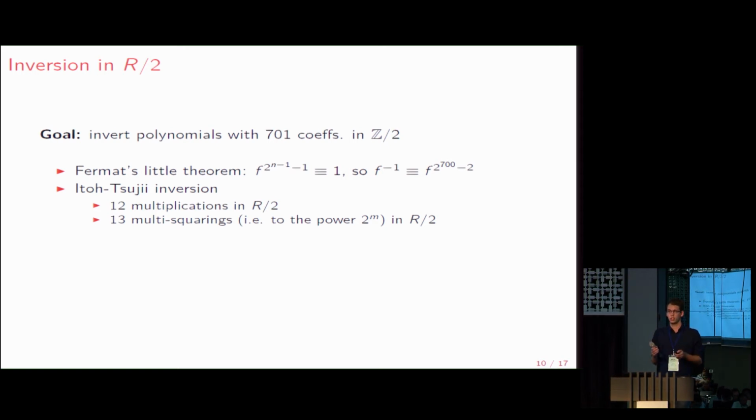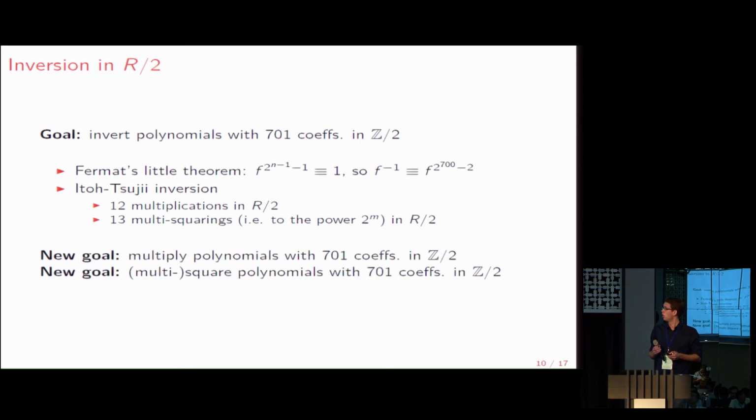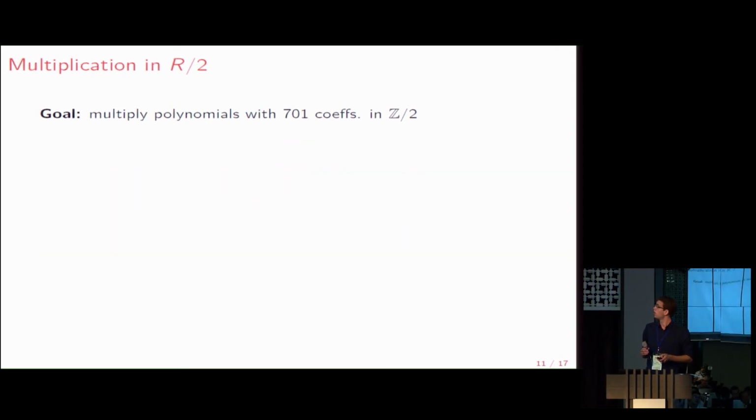If we now combine these multiplications and multi-squarings, we can get to this 2 to the power 700 minus 2. So now we have 2 new subgoals. Subgoals are we need to multiply polynomials, again, multiplication, and perform multi-squarings. Multi-squarings, well, we'll see that in a bit. So first focus on the multiplication.